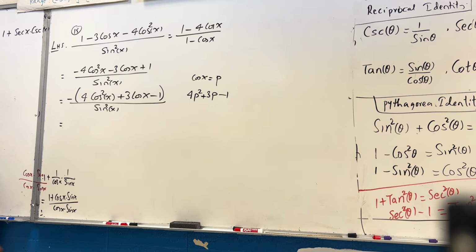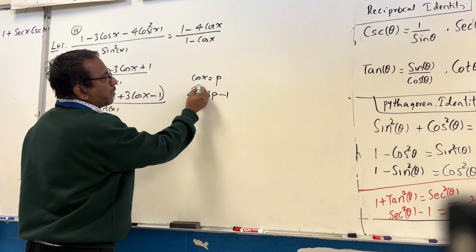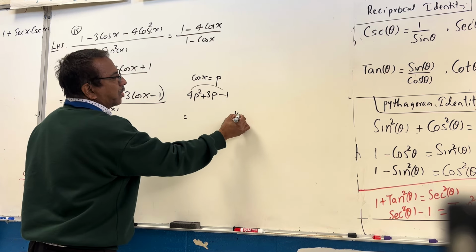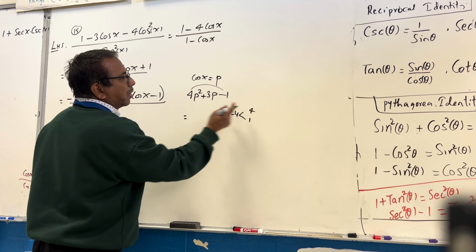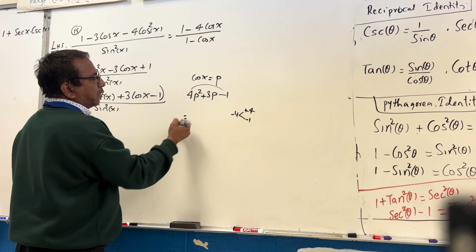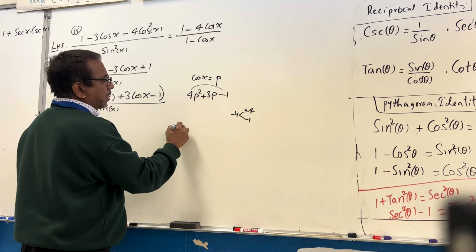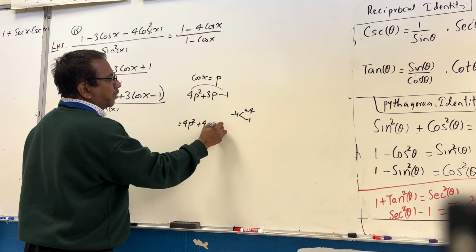So we can easily factorize that. How do we factorize this? 4 times 1 is negative 4, and you can split this negative 4 as 1 and 4. And because there's a plus 3, this will be plus and minus. So we can write this as 4p squared plus 4p minus p minus 1.